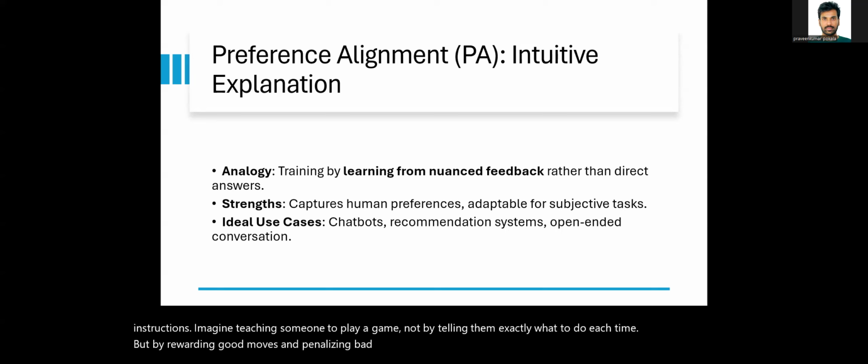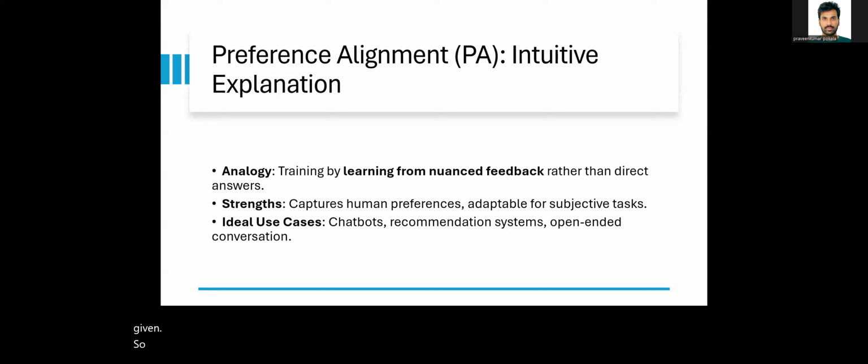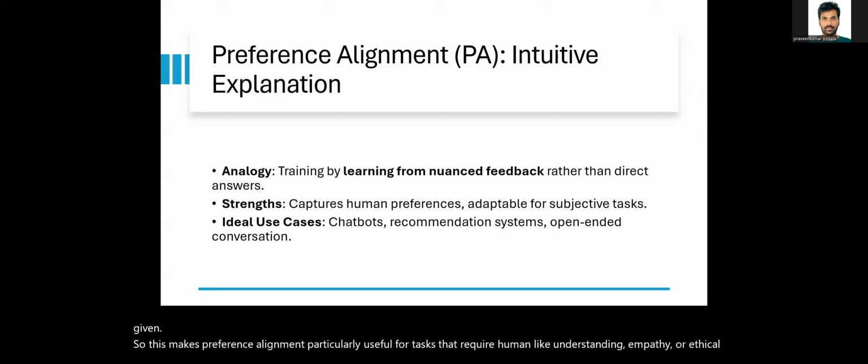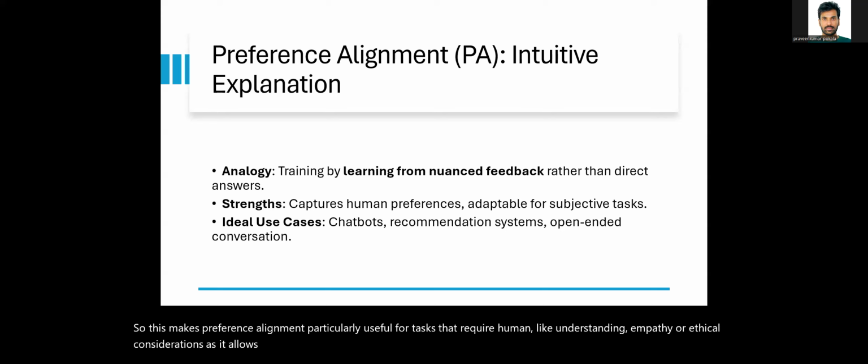Over time, they develop strategies that align with the human feedback given. This makes preference alignment particularly useful for tasks that require human-like understanding, empathy, or ethical considerations, as it allows the model to interpret user preferences rather than relying on very strict rules.